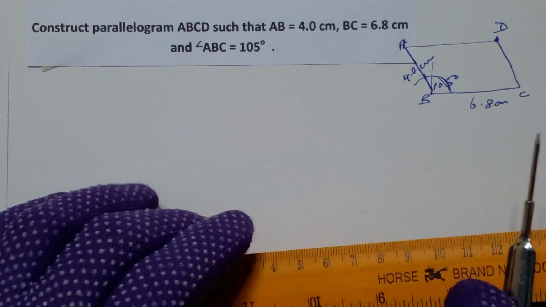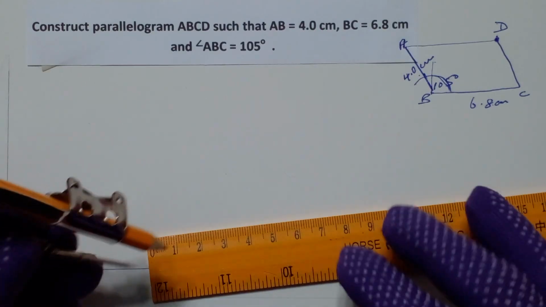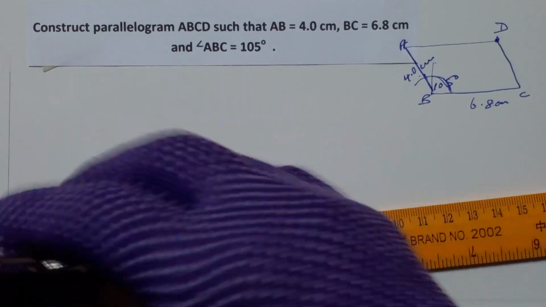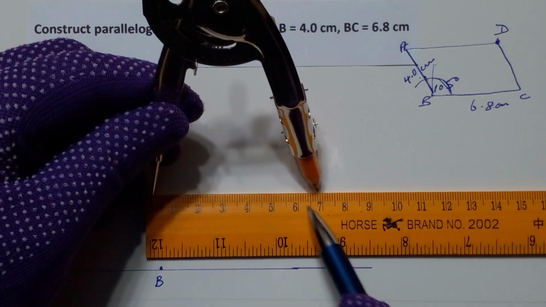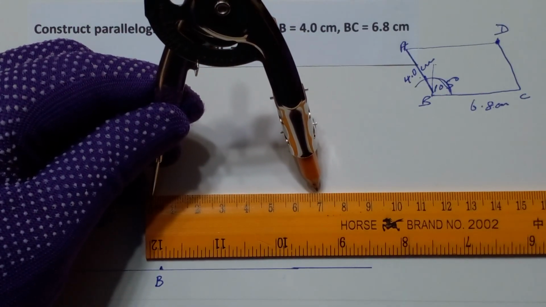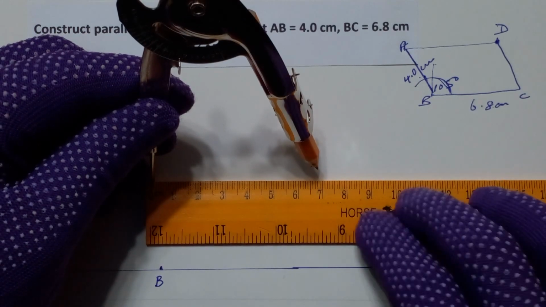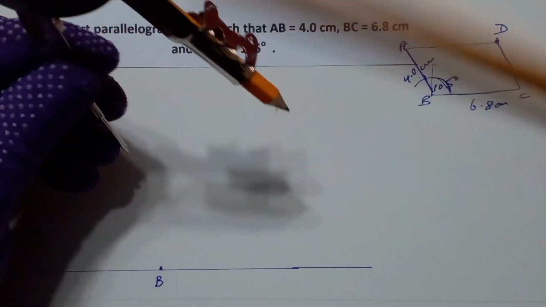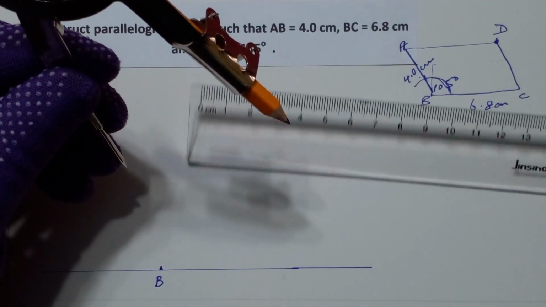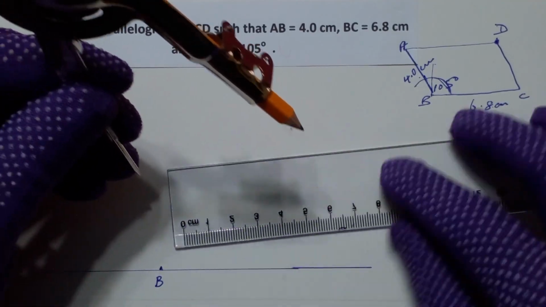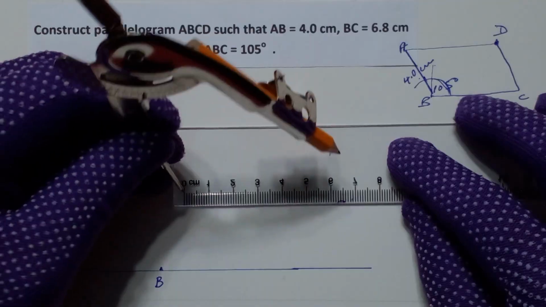If you are using an opaque ruler like this, then you can use the top of this ruler. 6.8. If you are using a transparent ruler like that, remember to measure where the calibration is, where the writing is. 6.8.